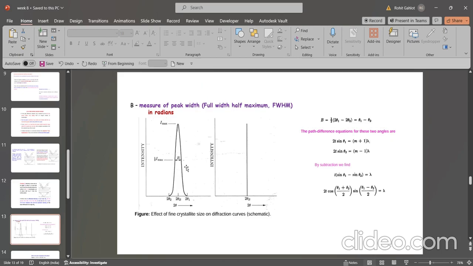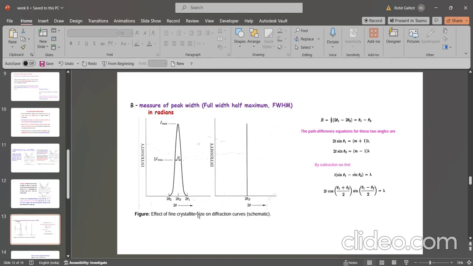This is the average of half I maximum, and the top one is the I max, and this lies between the angles 2 theta 1 and 2 theta 2, and this is the Bragg's angle at 2 theta b.